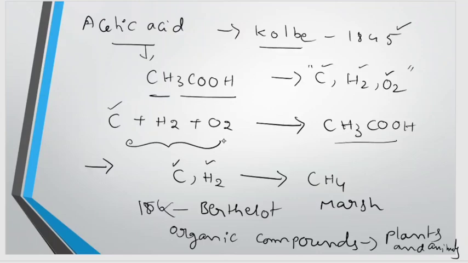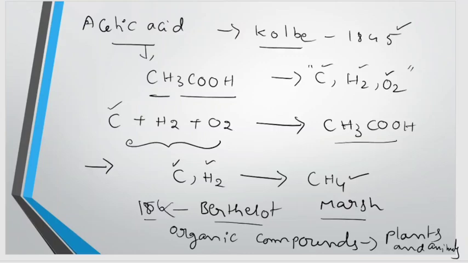And if we consider the next compound, around 1856, the scientist Berthelot prepared a gas called marsh gas, which is methane, with the formula CH4, from the inorganic constituent elements, carbon and hydrogen.